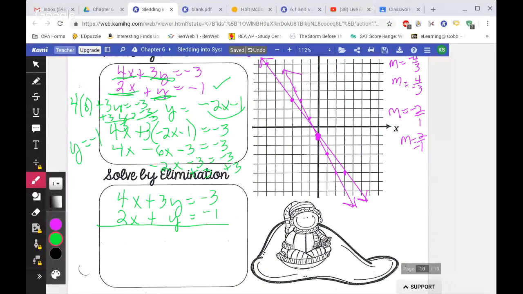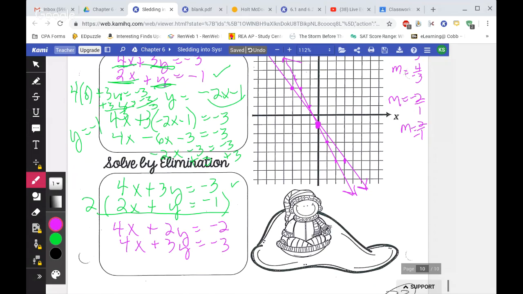I could either multiply the bottom one by 3 to get my y's to match, or multiply the bottom one by 2 to get my x's to match. To keep everything smaller, I'm going to multiply the bottom one by 2. So that's going to give me 4x plus 2y equals negative 2. And then I'm going to line up my other equation underneath it.